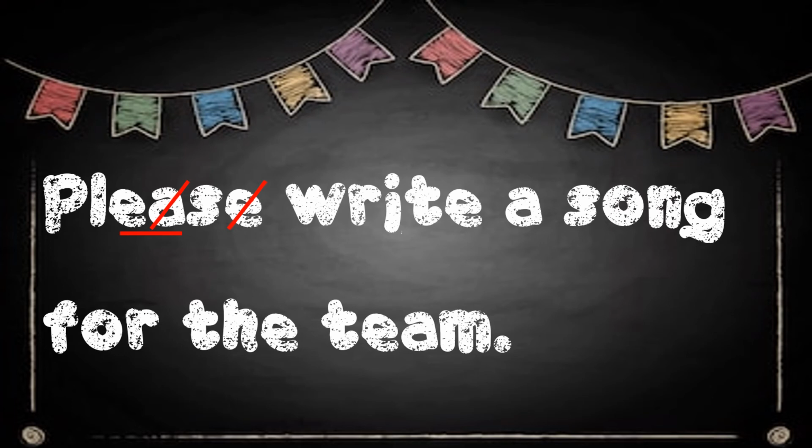So I'm going to cross out the A and it's going to go E. Also, when I say please, I hear a Z sound. The S is making that Z sound, so I need to cross out the S so I remember.